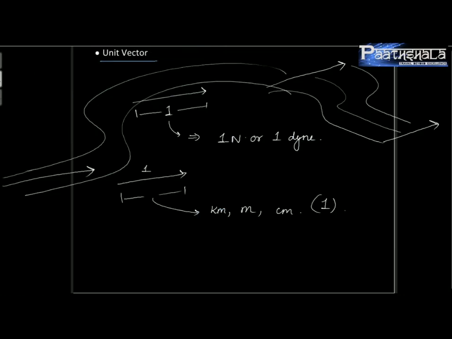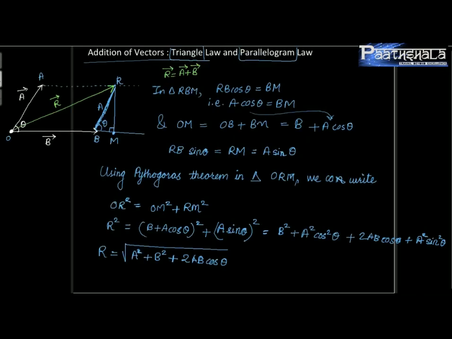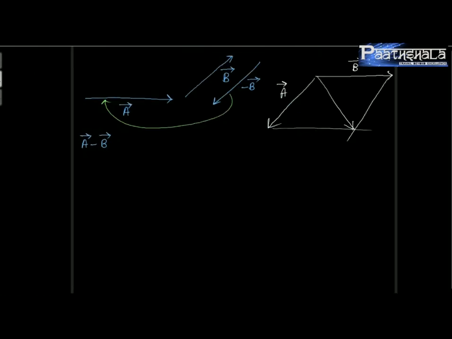Coming back to the slide of the resultant of vectors, we usually also try to specify the angle that the resultant vector makes with the vector B. This angle is alpha, and alpha is so specified.